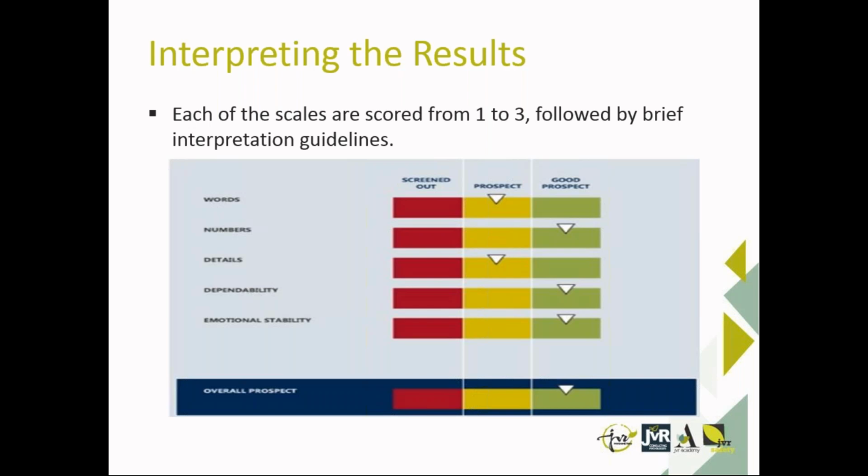The overall prospect scale summarizes the overall potential the candidate has for further assessment and selection and should be the first scale consulted and the only scale used to make pre-selection decisions. The other scales of the prospect screener are used to contextualize these results and should not be interpreted independently.